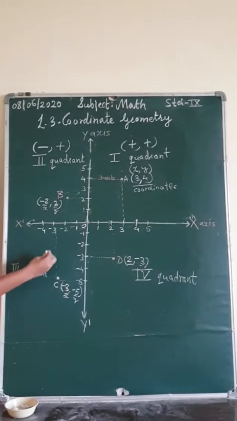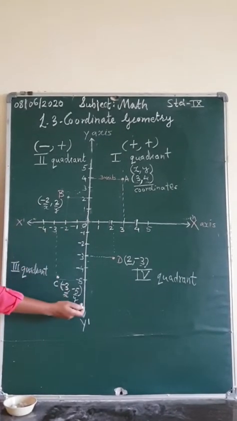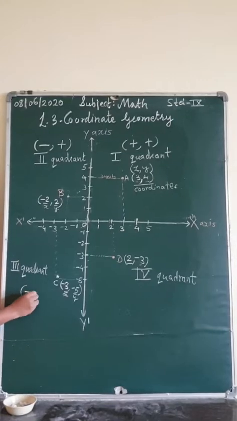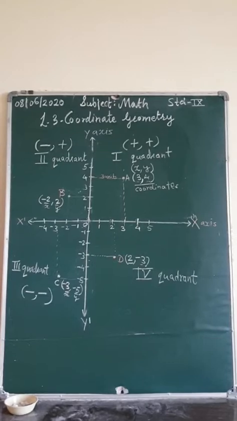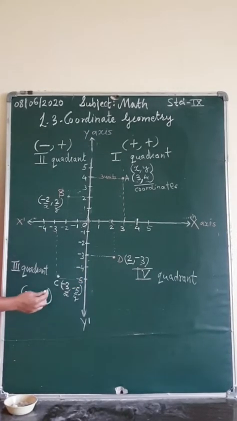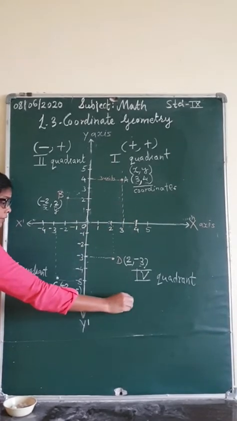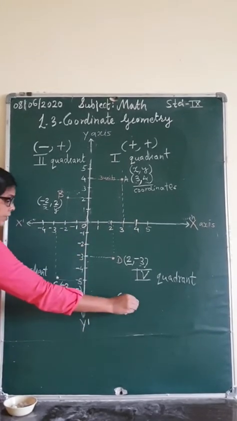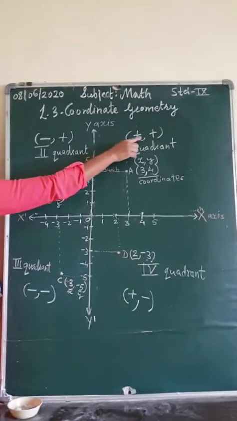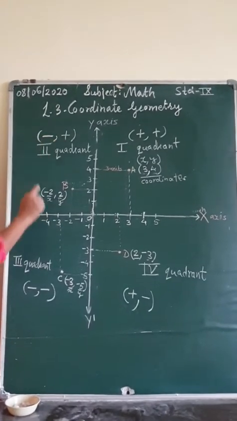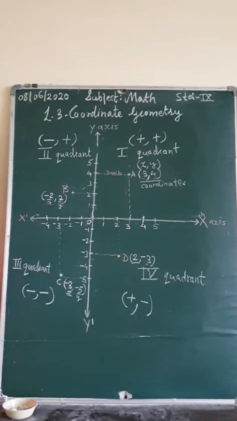In the third quadrant, again x-axis is in negative direction and y-axis also is in negative direction, so the signs are minus, minus. In the fourth quadrant, x-axis is positive and y-axis negative. So you can see the signs of quadrants: first quadrant plus plus, second quadrant minus plus, third quadrant minus minus, fourth quadrant plus minus.